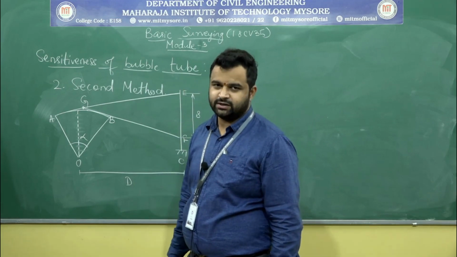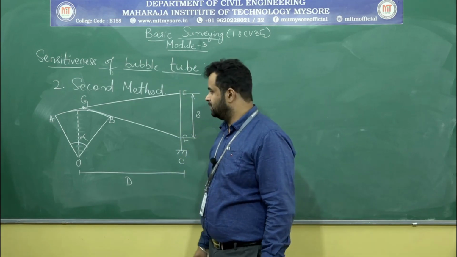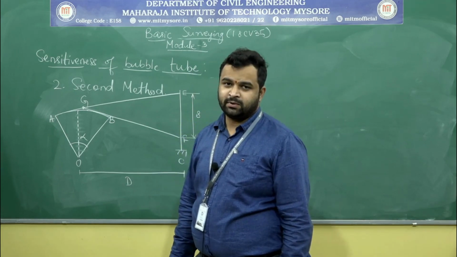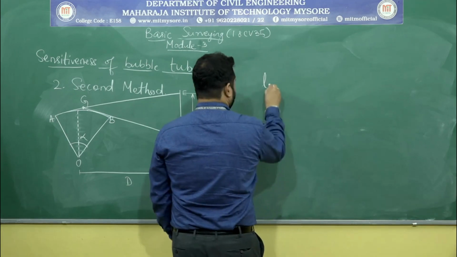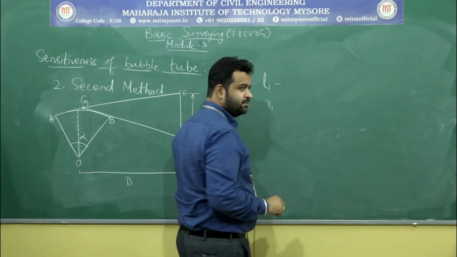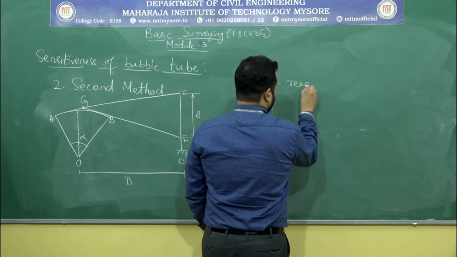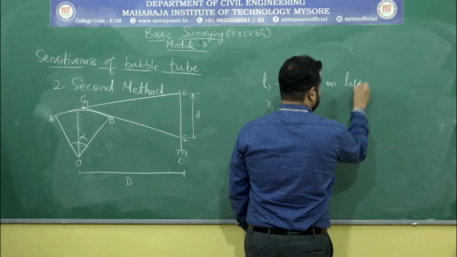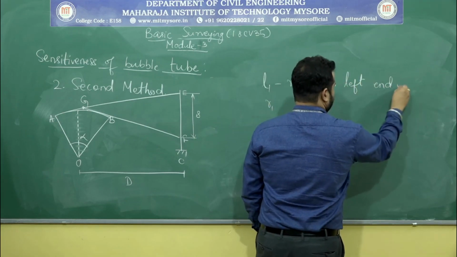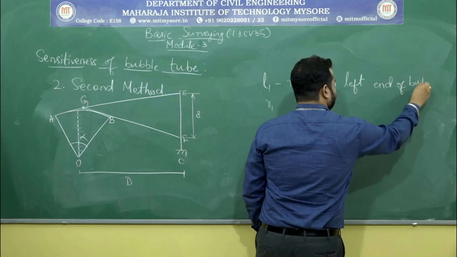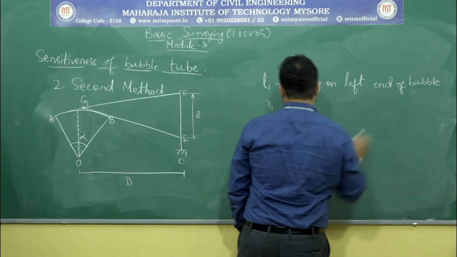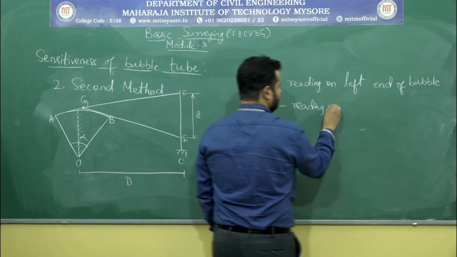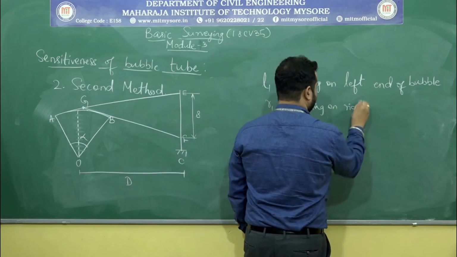Let A and B represent the centers of the bubble in two positions. So the net travel of the bubble will be, first, let L1 be the reading on the left end of the bubble, and R1 be the reading on the right end of the bubble.